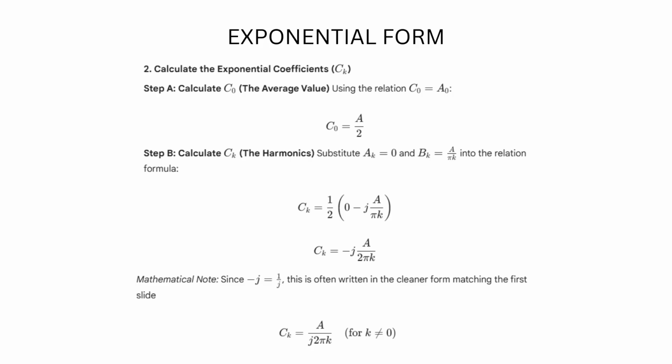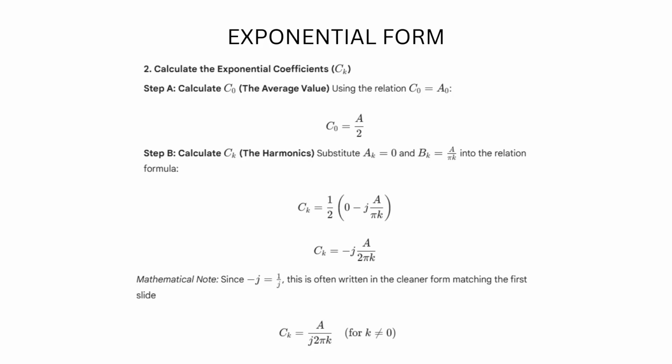Calculate c sub k, which are the harmonics. Substitute a sub k, which is 0, and b sub k, which equals a over pi k, into the relation formula. C sub k equals 1 over 2 times the quantity of 0 minus j a over pi k.